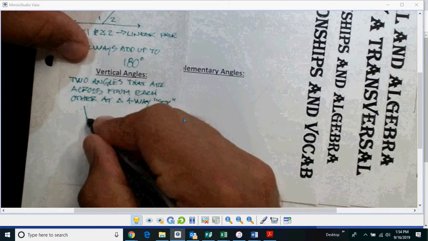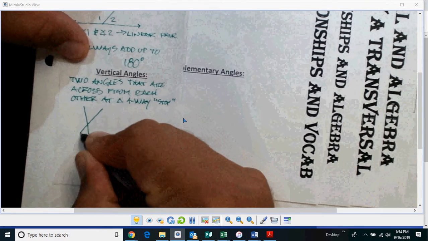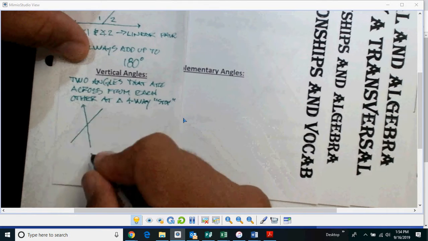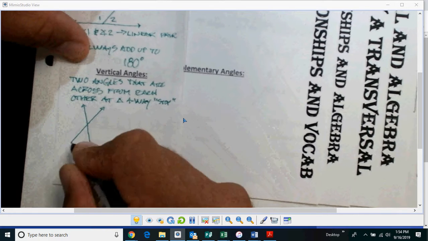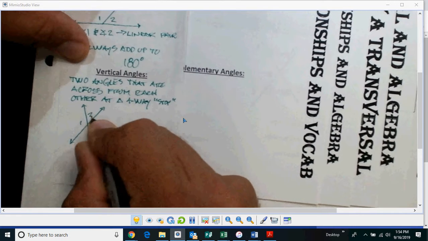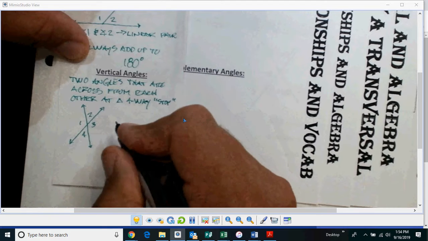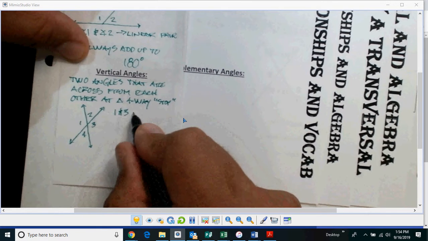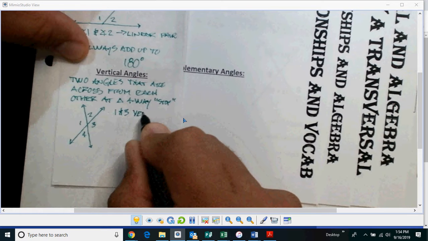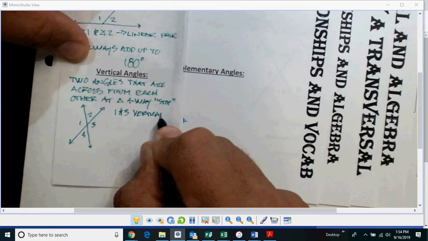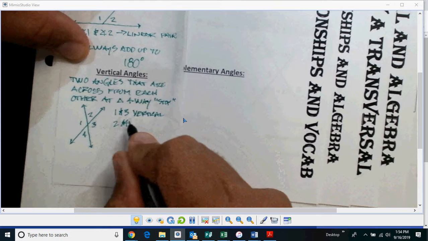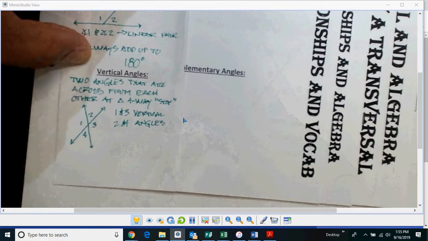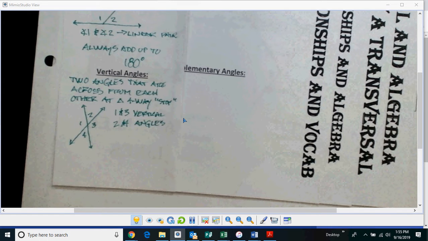So if I drew in two lines like this, and I said this is 1, 2, 3, and 4, then in this case, 1 and 3 are vertical angles, and 2 and 4.